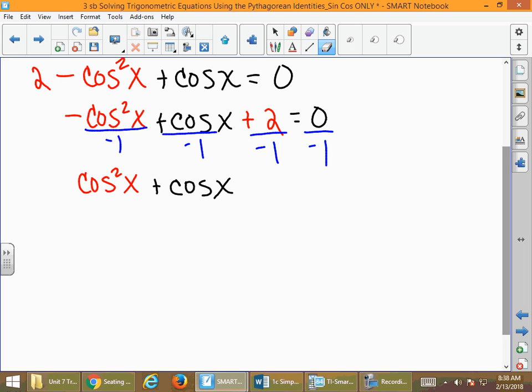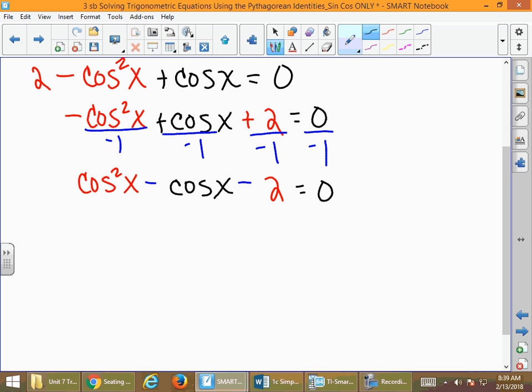And you're going to correct me here and say, Ms. Stanhope, it's not positive, because positive cosine divided by negative is negative, and then positive 2 divided by negative 1 is negative 2, and equals 0. And now this should be in the format that's familiar to us. We are going to have to solve by factoring.